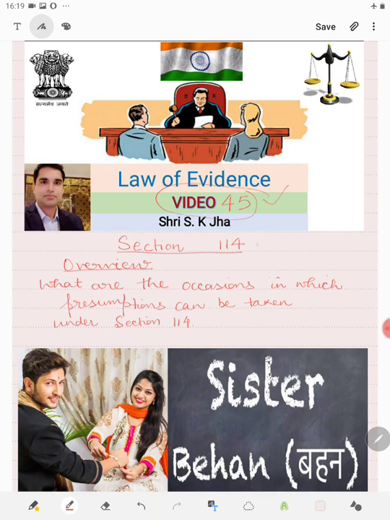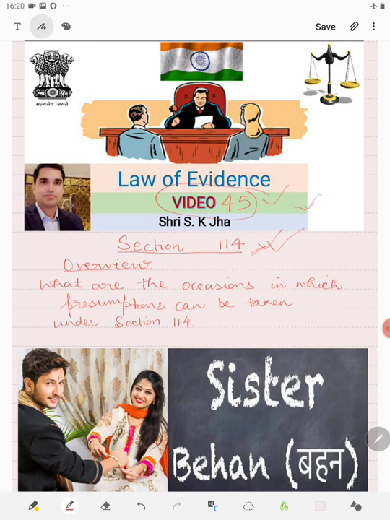And today we are going to study section 114 of the Indian Evidence Act. It is very important from the point of view of being a judge or an advocate, as well as for various examinations.